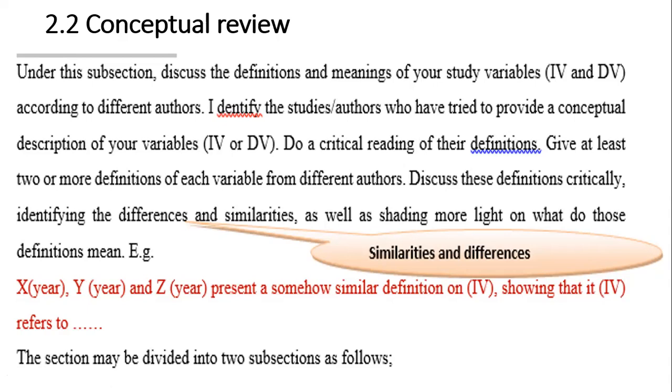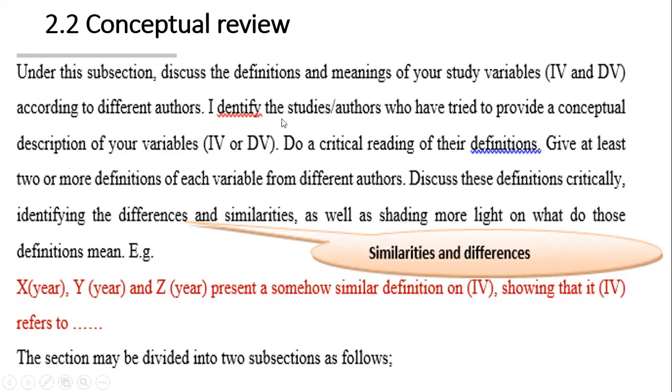We are talking about a different thing. So when you as a researcher bring out these different understandings of a variable, it shows that you are thorough, and therefore we can have confidence in the definition you are going to give us, the working definition.